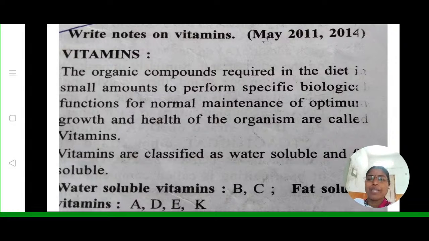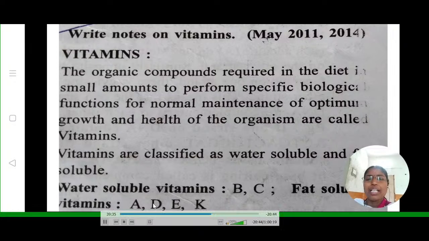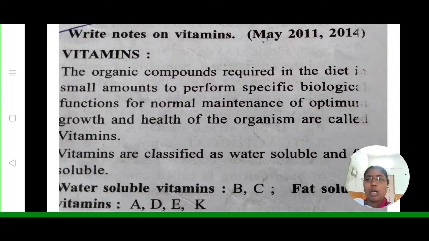Again I repeat it. Vitamins are organic compounds which are required in our diet. Such types of compounds are known as vitamins. So vitamins are organic compounds required in the diet in small amounts to perform specific biological functions for normal maintenance of optimum health.